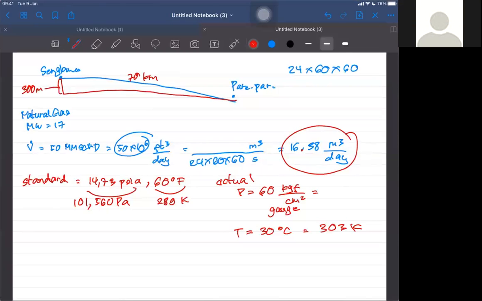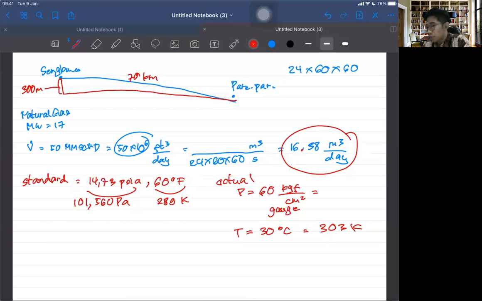It's the kilogram force. You need to account for the gravitational value. So just find the conversion factor from kilogram force per square centimeter or square meter into Pascal.